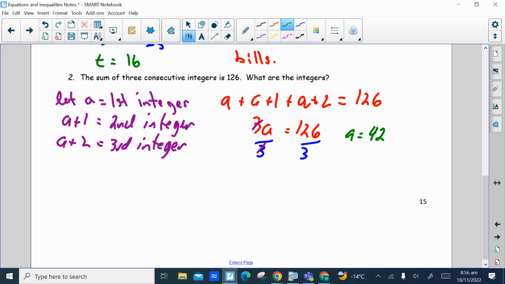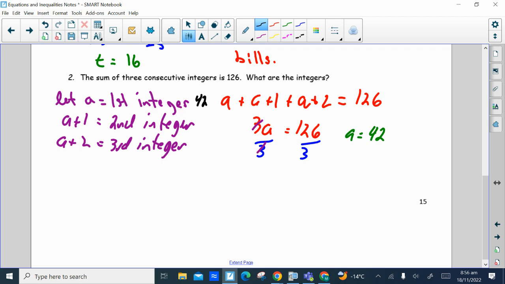So what does that tell us, Princess? What does that tell us? That's right. The first integer is 42. Lucas, what's the next one going to be? Okay. Callum, what's the next integer going to be? No?